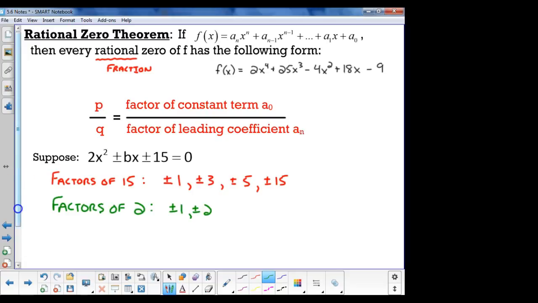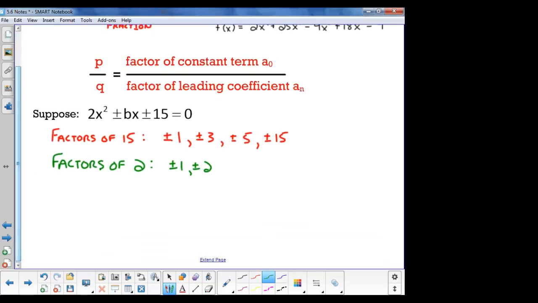So to find all the rational zeros, I take all of the red numbers here and I divide them by the first green number. Well, plus or minus 1 dividing by positive or negative 1 is just going to keep it the same, right? So I have plus or minus 1, plus or minus 3, plus or minus 5, and plus or minus 15.